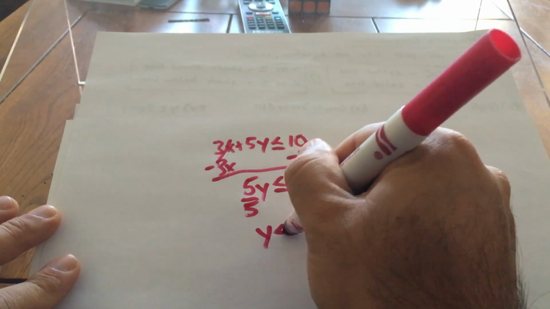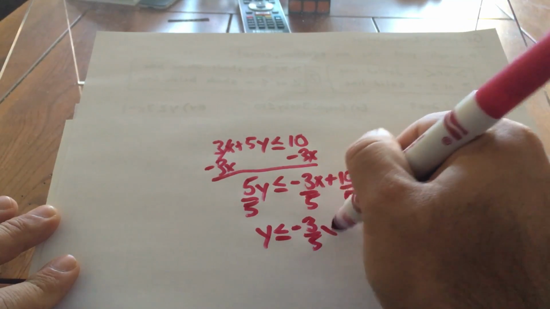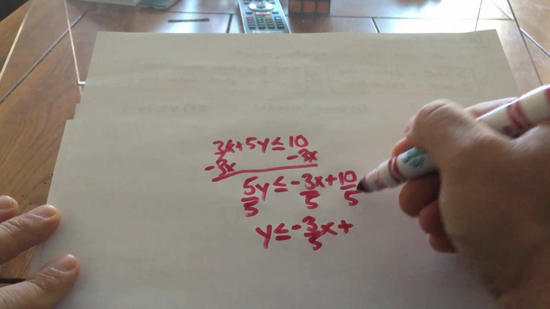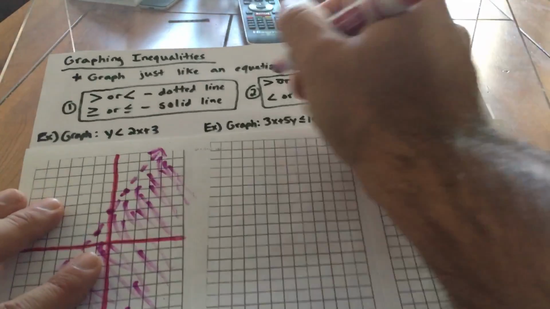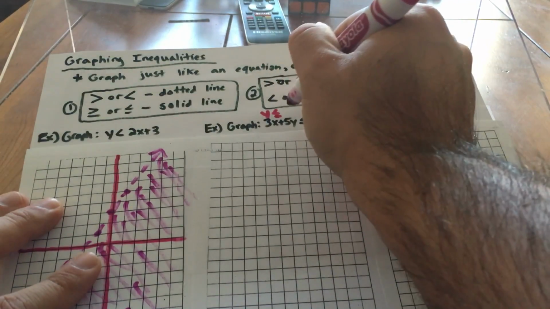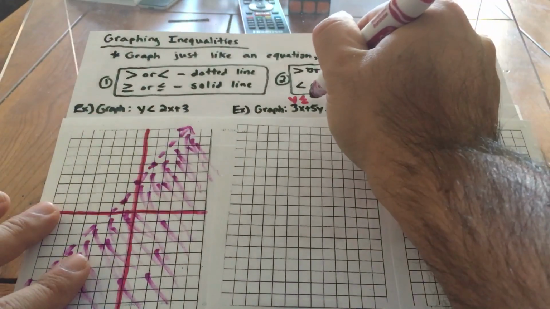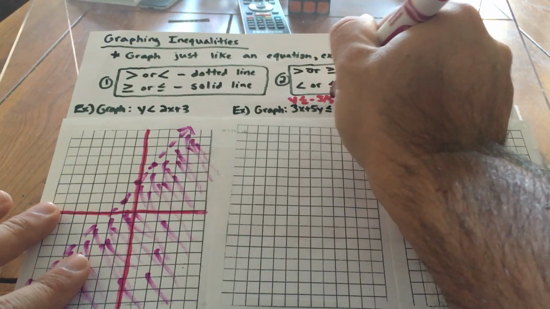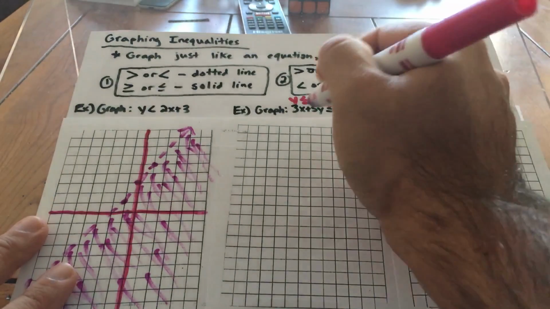So what we're left with is y is less than or equal to negative 3/5 x, and then plus 10 divided by 5 is 2. So here is the line we're actually going to be graphing: y less than or equal to negative 3/5 x plus 2.